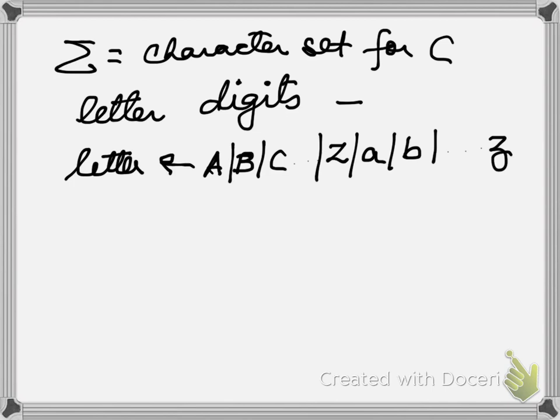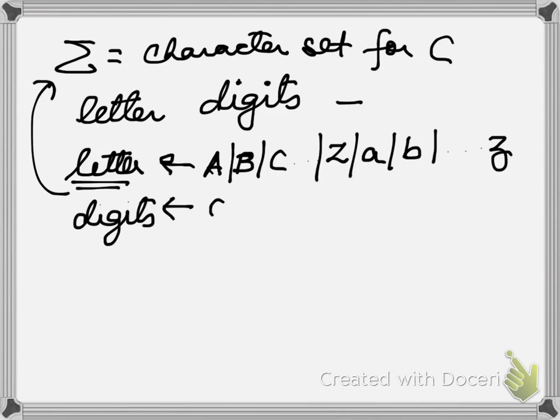Remember, letter is not there in the alphabet, but this is a newly introduced symbol, letter. Similarly, for digits, we can have 0, 1 up to 9. Alright. And for underscore, since it is just one symbol, we will not have a regular definition for underscore. We'll keep it as it is.